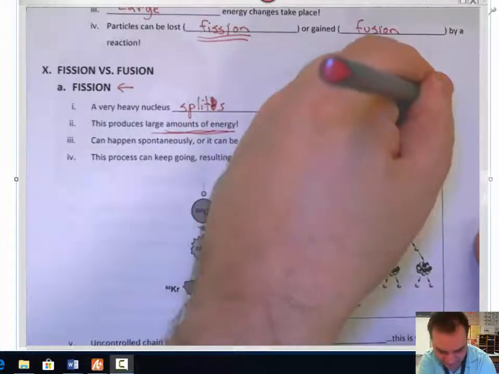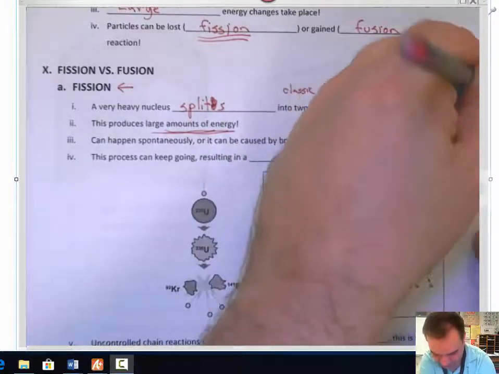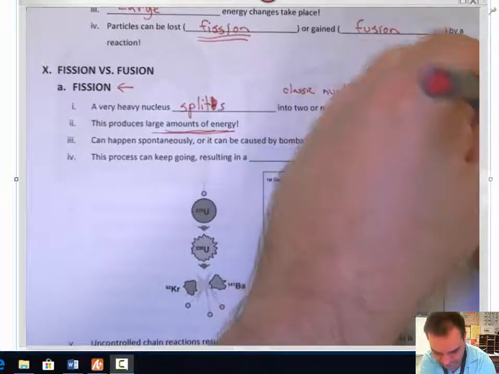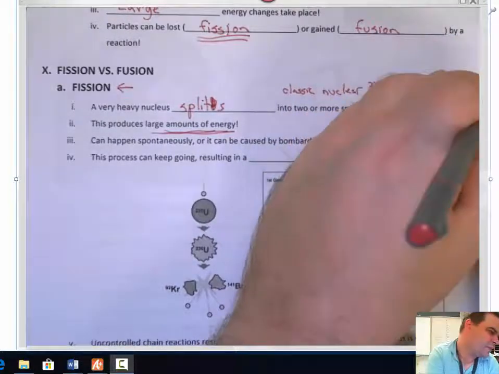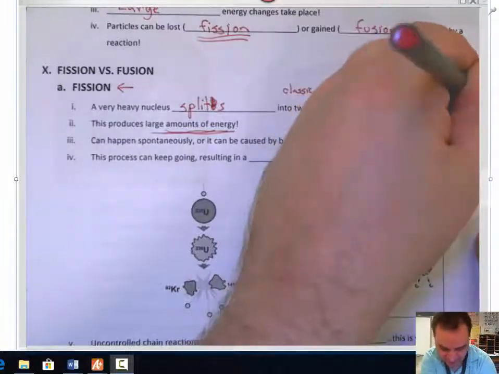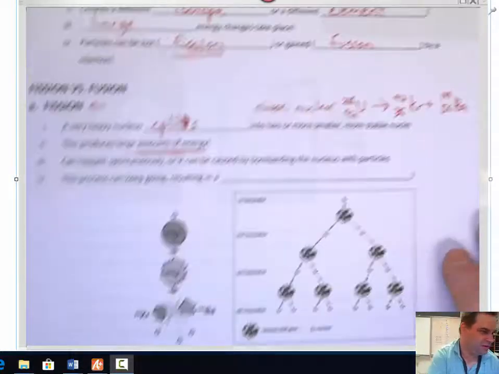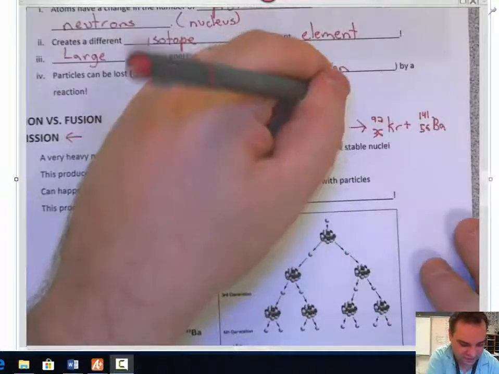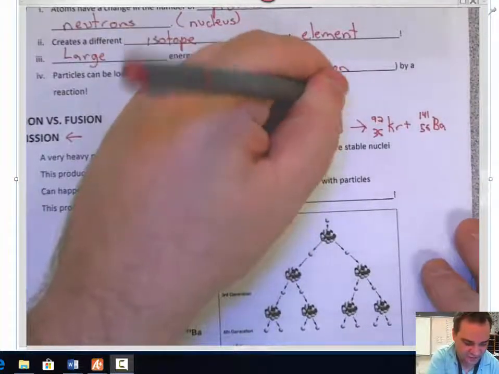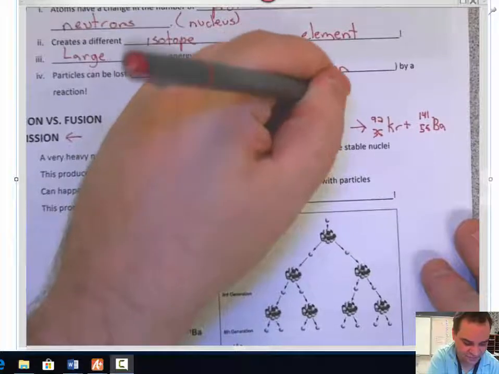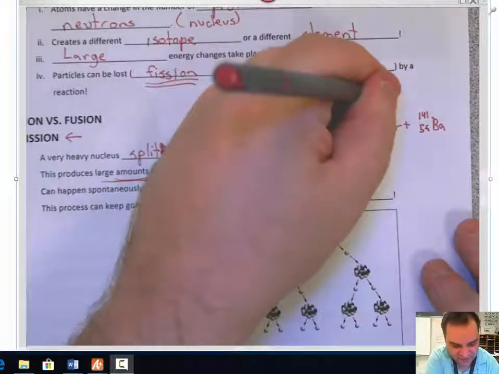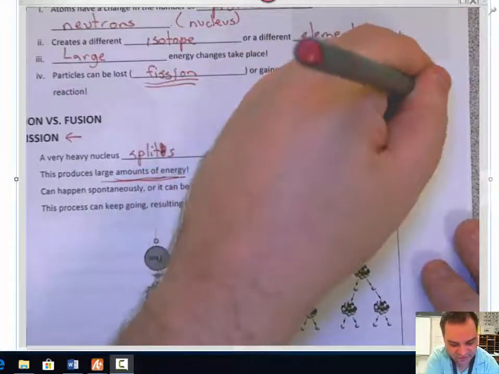It is. And barium. Barium is 56. I'm getting old at my age. But notice that you're starting off with something that is huge. Uranium's huge because it has a lot of protons and neutrons. And you're splitting it into two smaller substances.